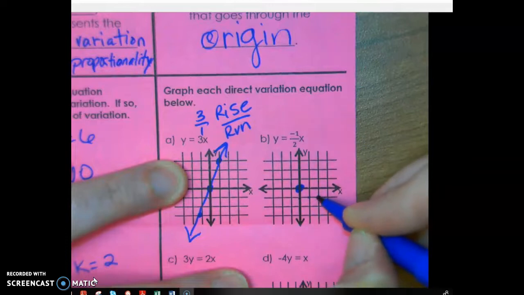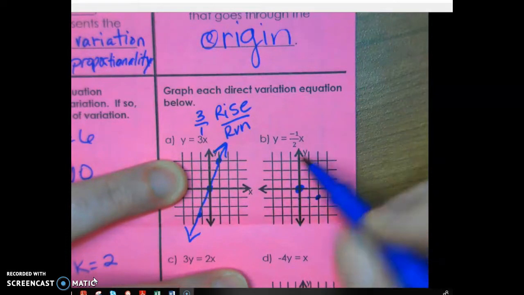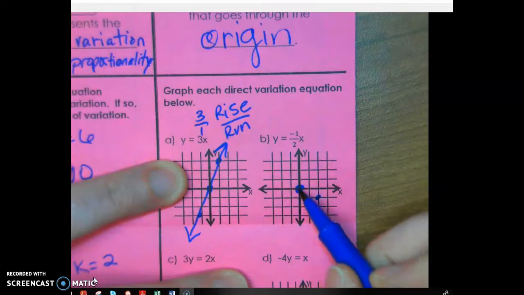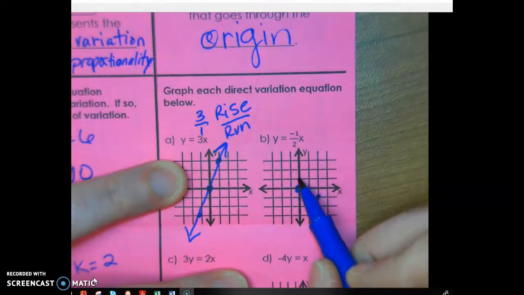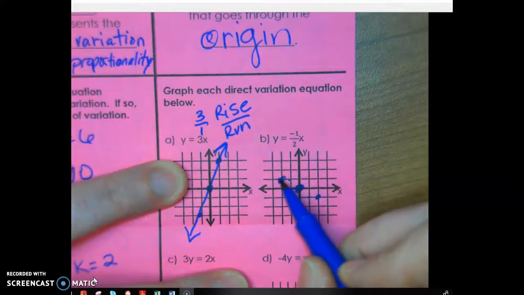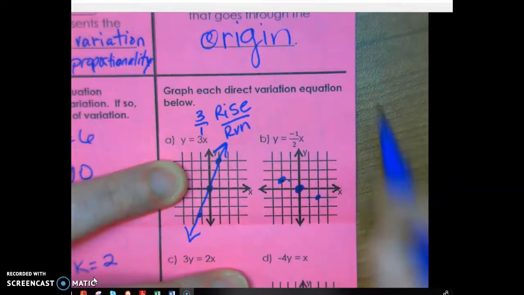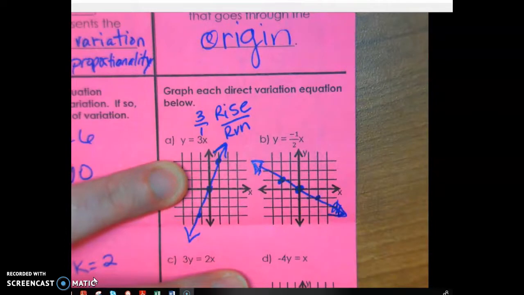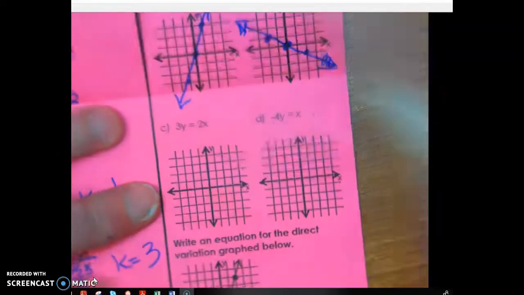Now you're like, how do I go the other way? No problem. I go up 1, but go the opposite way. See how I did that? We're going to connect those. It's not as pretty. It's a little awkward, kind of like me.